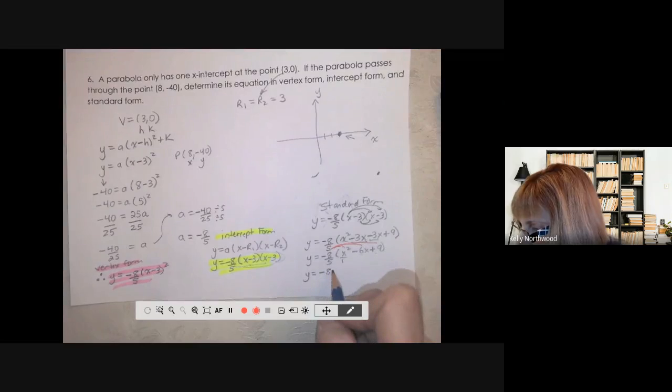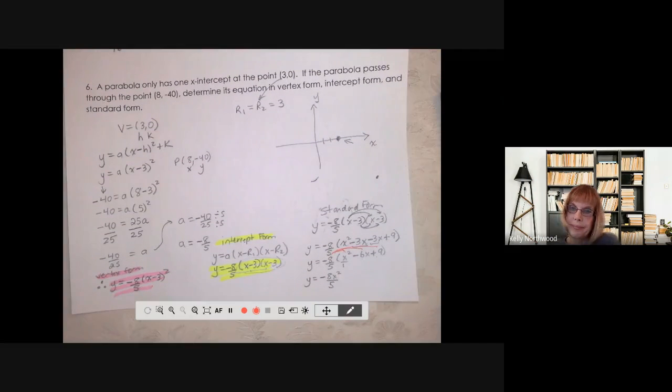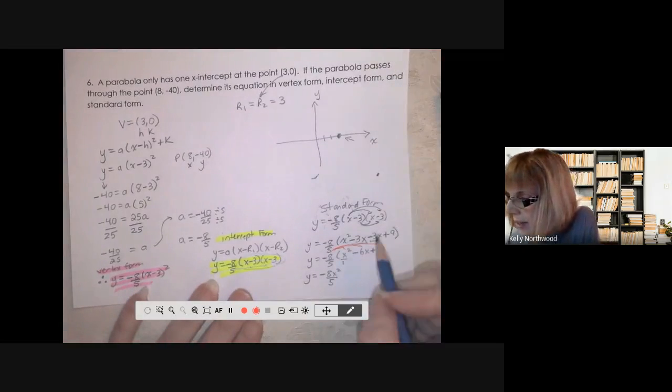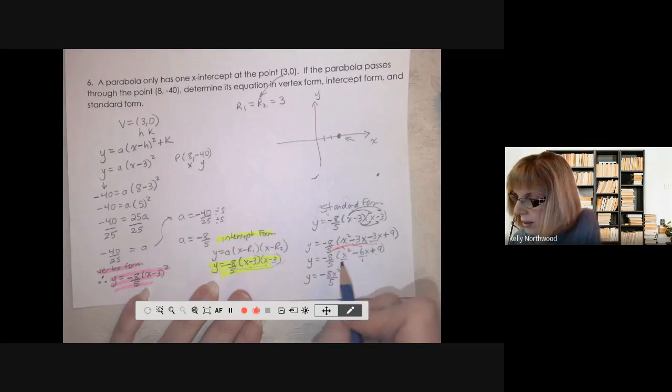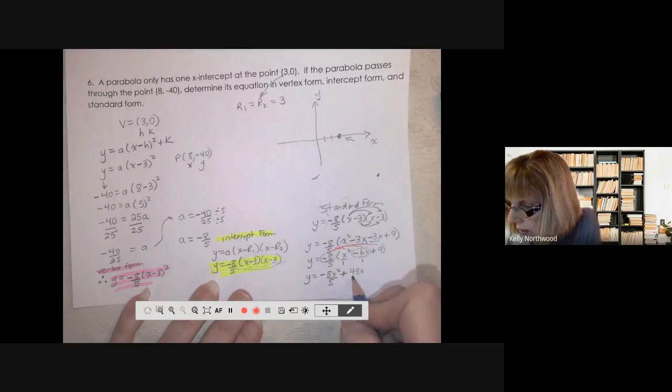So -8x squared, and you multiply the bottoms together. And same thing here, you can think of -6x as -6x over 1, and multiply the tops together. So a negative times a negative is a positive. So that's going to give me +48x over 5 times 1 is 5.